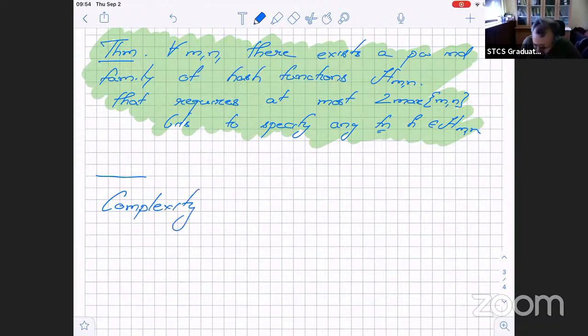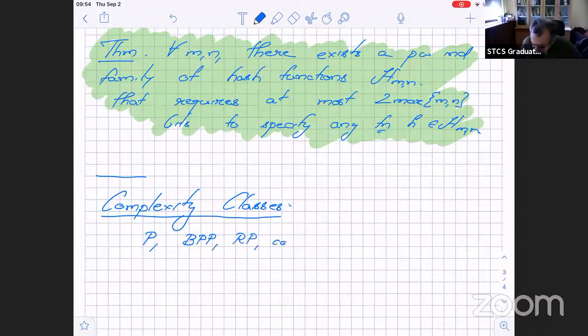In particular, we'll be talking about randomized complexity classes. You would have heard all of these phrases already: classes like P, BPP, RP, and so on.